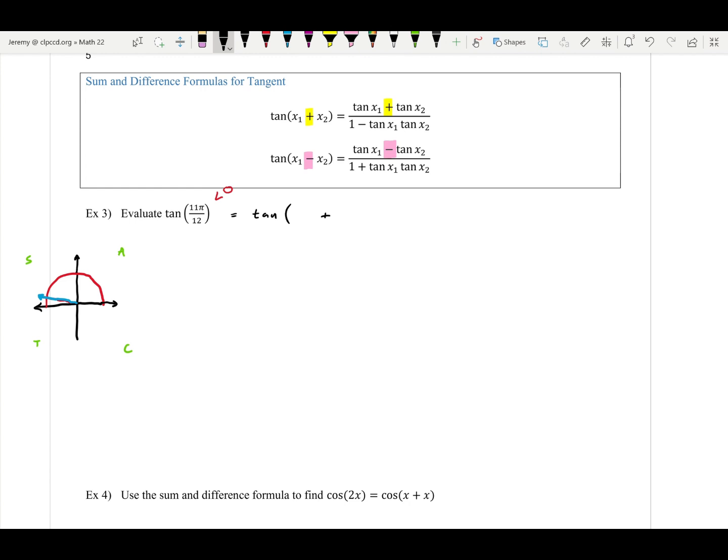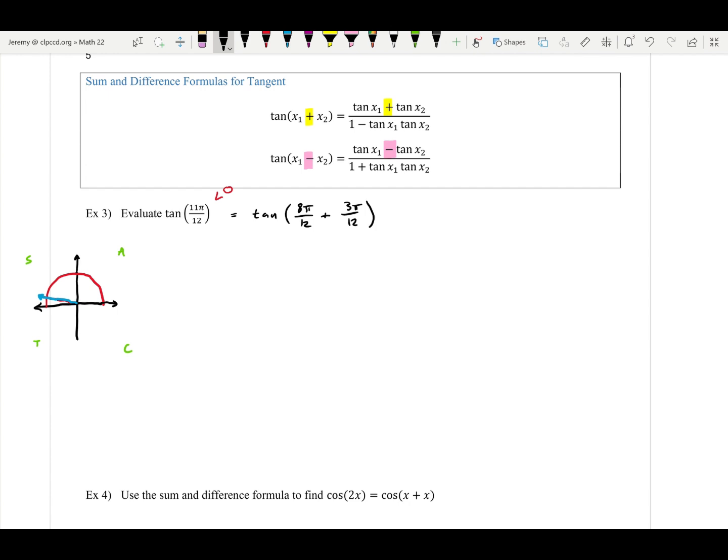I could break 11 up into 8 plus 3, values that simplify nicely with pi over 12. So let's try 8 pi over 12 plus 3 pi over 12.